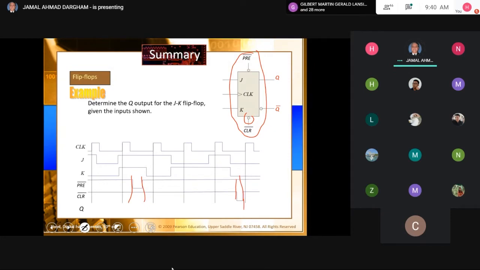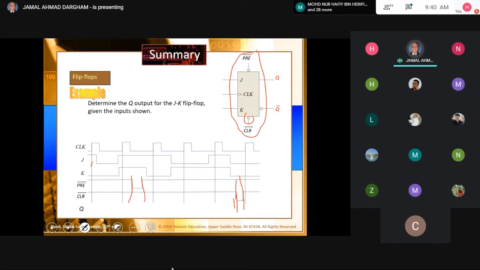So they will affect Q. Only these places will be affected by preset and clear. The rest depend on the clock.